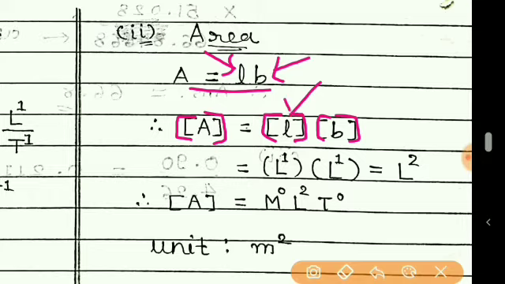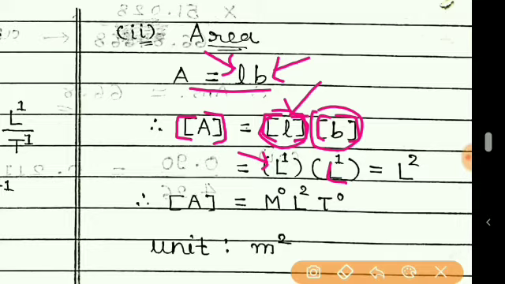See, length L, its dimension can be represented as capital L symbolically. So I have written here L. Similarly, breadth also has the symbol L. So it is L only, because these are measurements of length only.